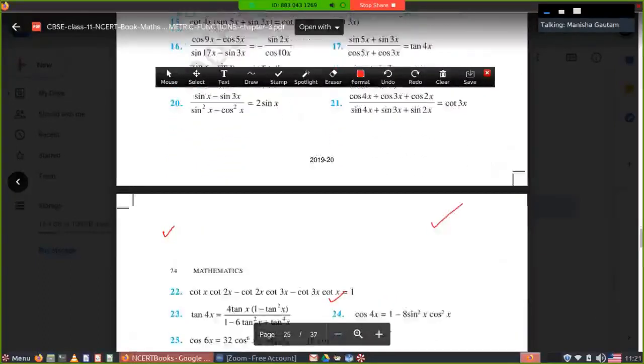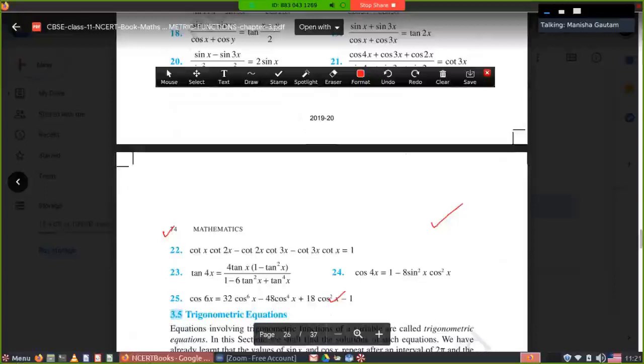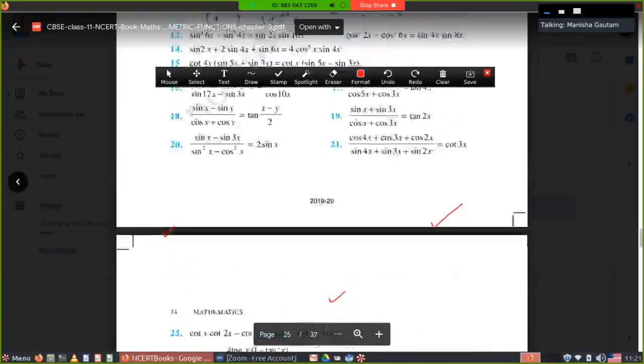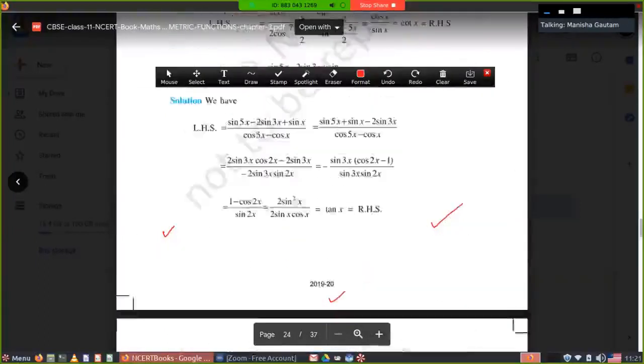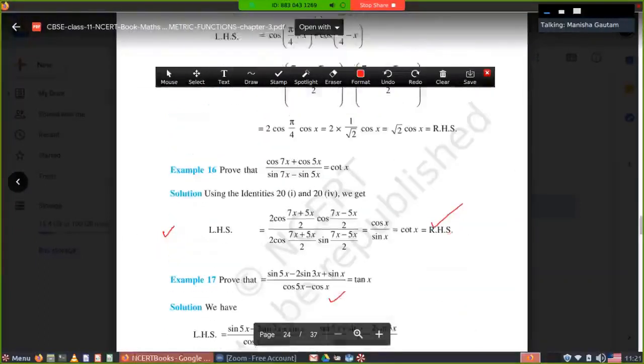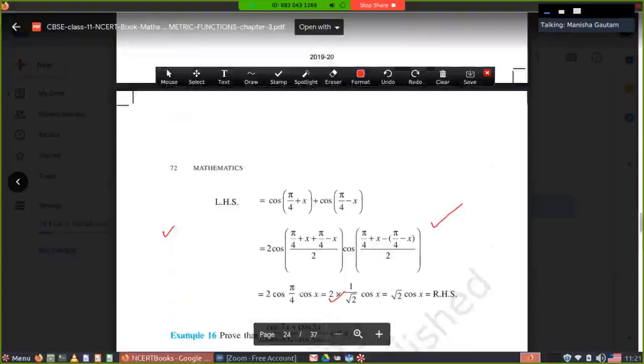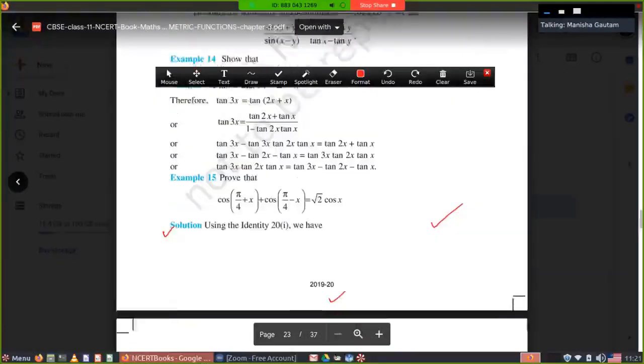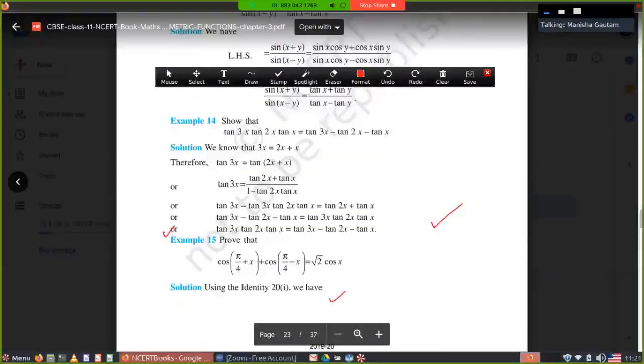Now come to question number 22. This question is like an example; let's see which example. Example number 14. Here we used tangent of 3x, tangent of 2x plus x.